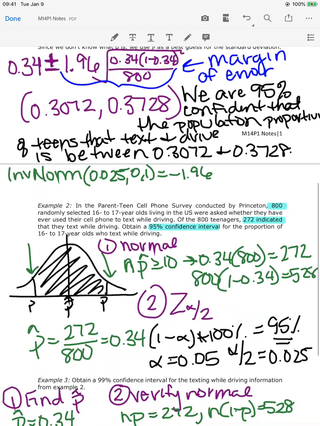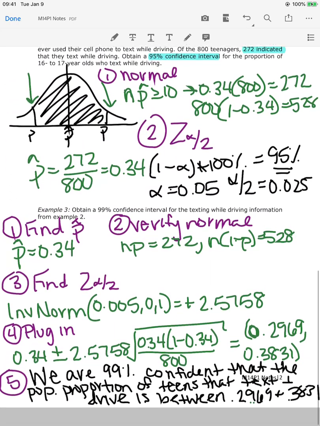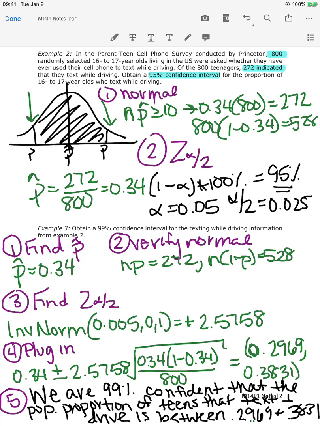So then the steps to complete a confidence interval: first, find p hat. Second, verify that you're working with a normal distribution. Third, find that z value by taking whatever the given percentage of confidence is, figure out what is remaining to get you to equal 100%, divide that by 2, and then plug it into inverse norm.